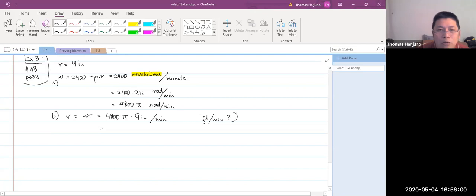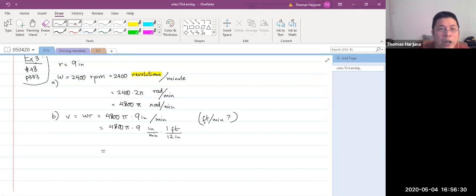How to convert inch to feet? To convert inch to feet, I will multiply by 1 foot over 12 inches. Now, I purposely didn't multiply that 4,800 by 9 because I want to cancel this 48 with that 12.